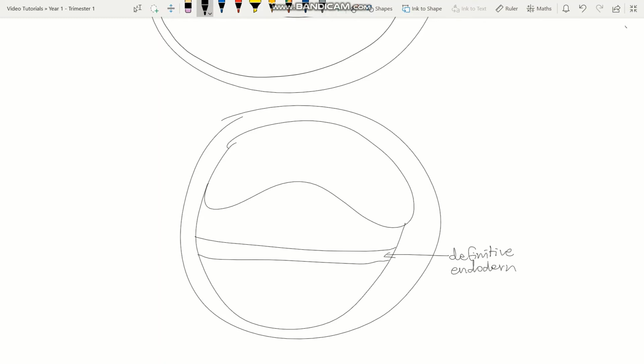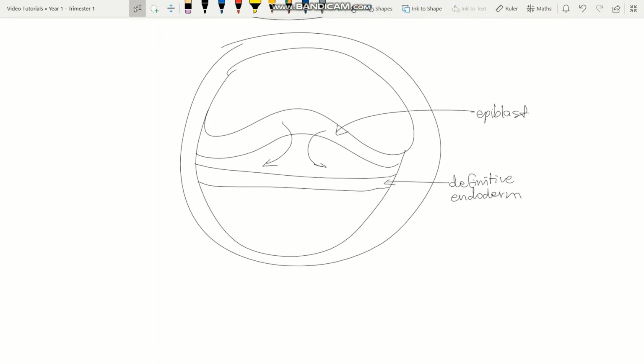And of course, we still have the epiblast here, with its cells moving into this space as this process is occurring. Now, what happens next? So, once all of these cells of the definitive endoderm have been replaced, there is nowhere for the cells of the epiblast to move.